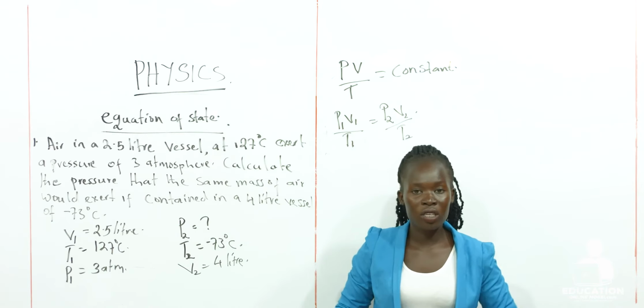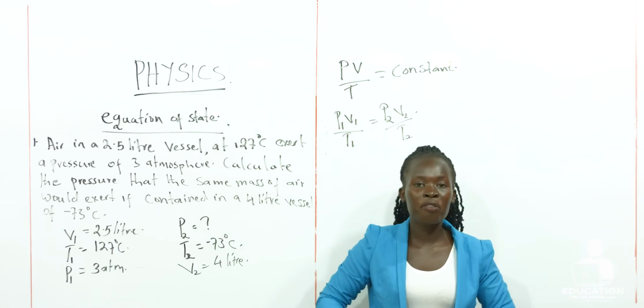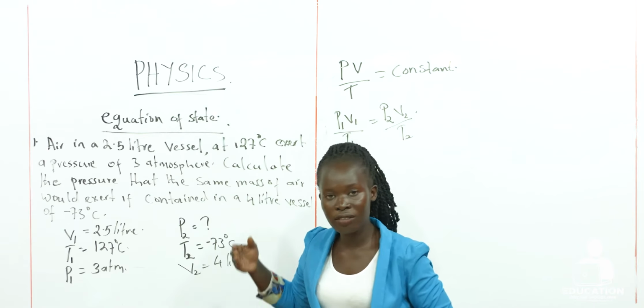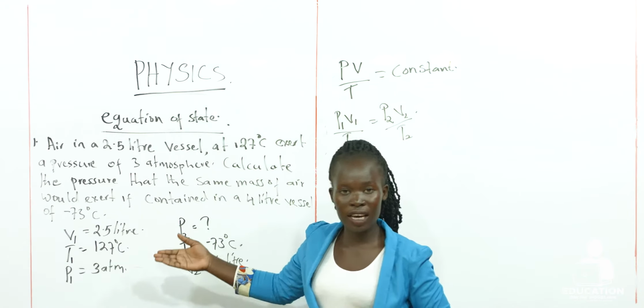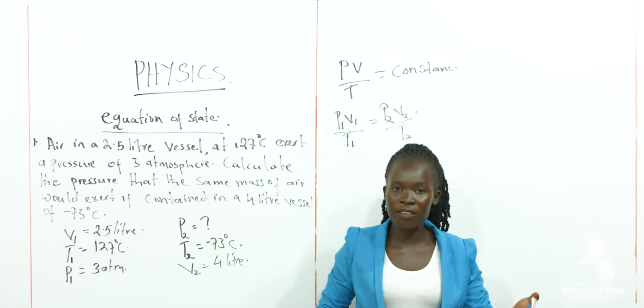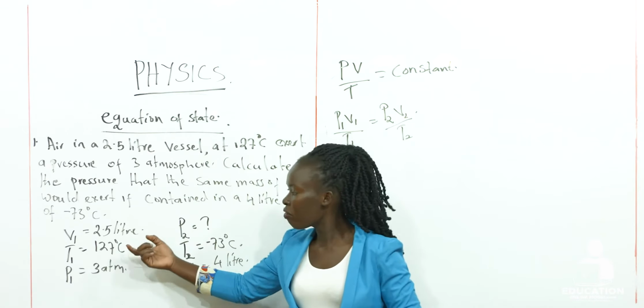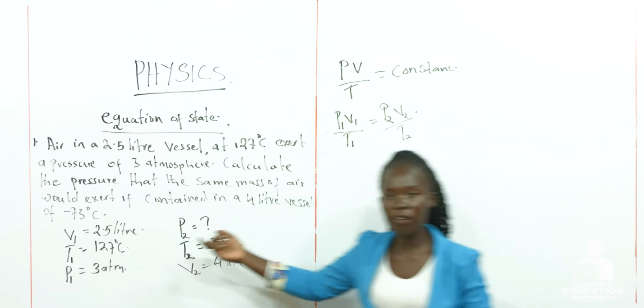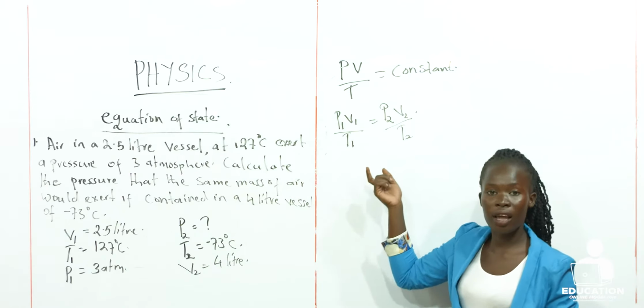So what happens with degrees Celsius? We have to convert, we use the absolute zero temperature to convert this from the Celsius scale to the Kelvin scale. So we need to first convert the temperatures to the appropriate scale before we substitute in our formula.